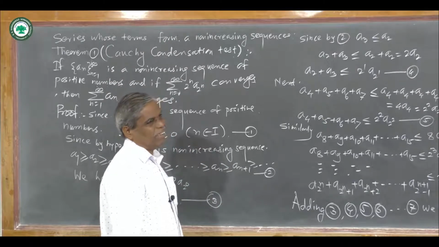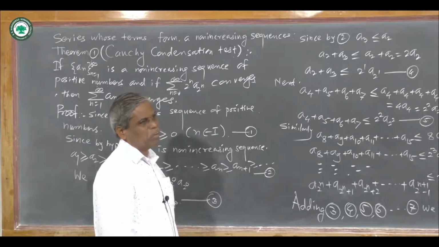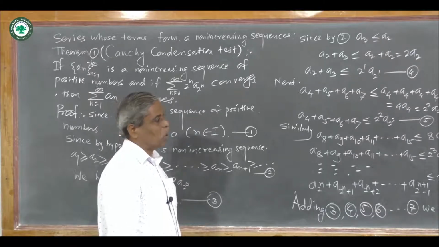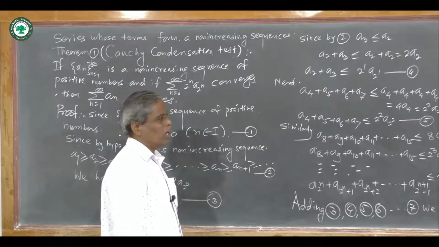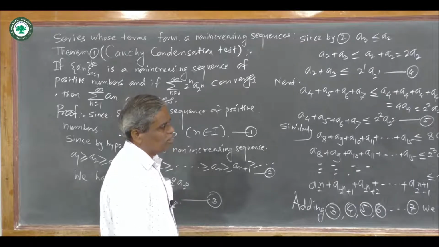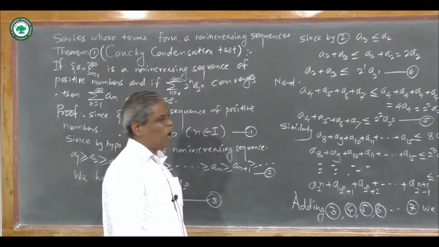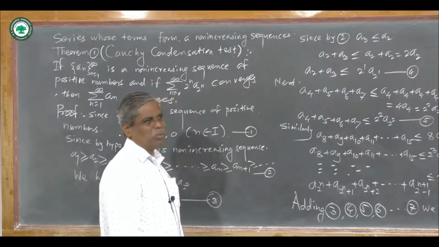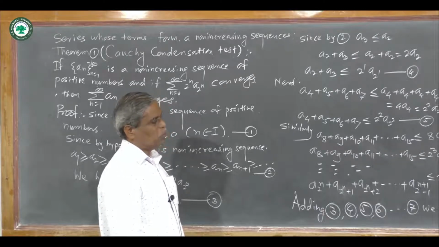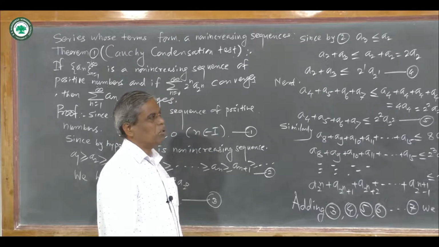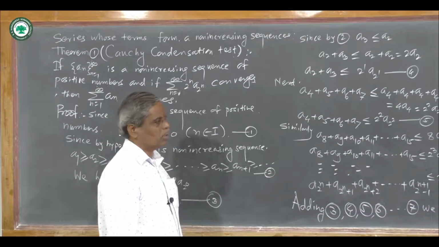Therefore, Sm, m is equal to 1 to infinity, is a non-decreasing sequence of real numbers, that is 12. But we know a non-decreasing sequence which is bounded above is convergent. Therefore, we write Sn, n is equal to 1 to infinity, is convergent.